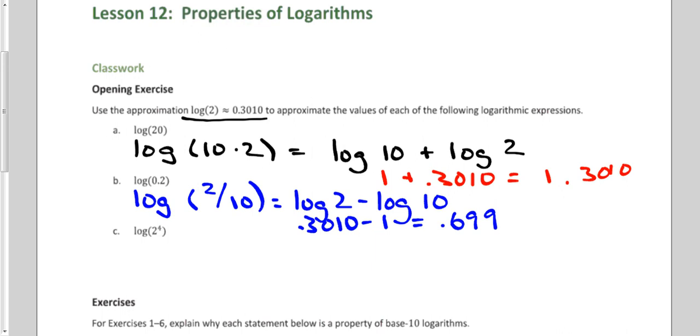So what does that mean? How do I split up times? When I got times things in here, how does that mean I split up the logarithm? How did I do it up here? Everything I'm multiplying by each other gets its own log, and then I add them together, right? So how would I translate that down here?